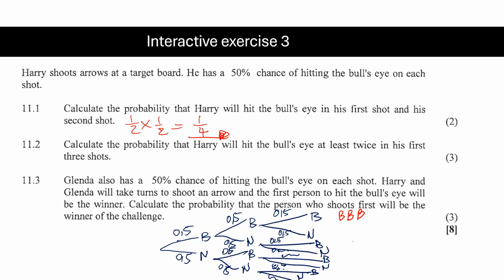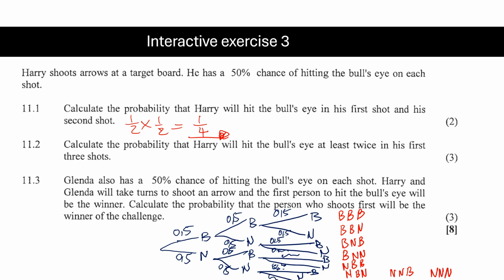B, B, N. Then B, N, B. Then B, N, N. I think we are done with B. We can go to N, B, B. Then we have N, B, N. Then other outcomes: N, N, B. Then we have N, N, N.